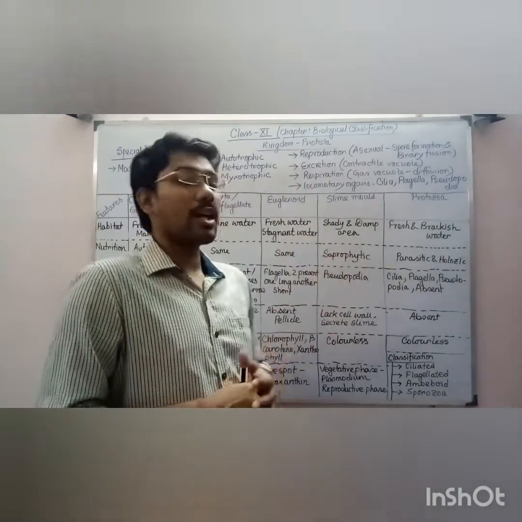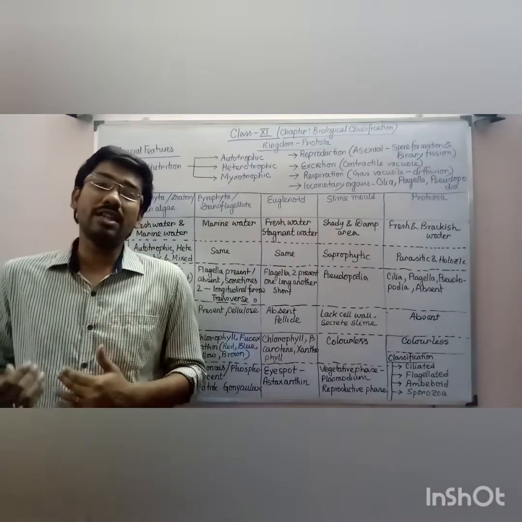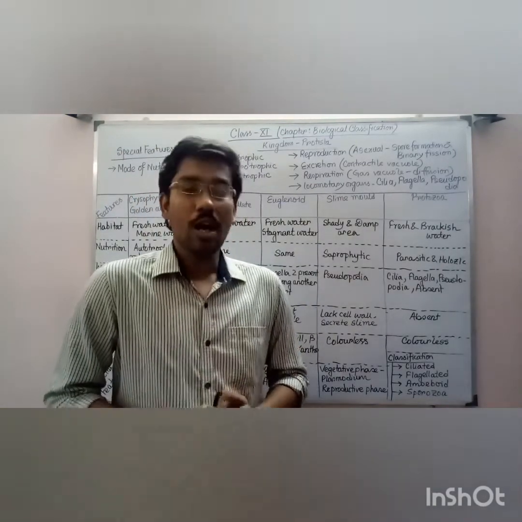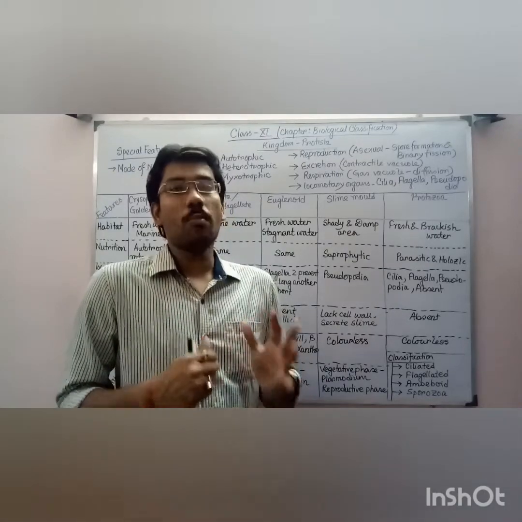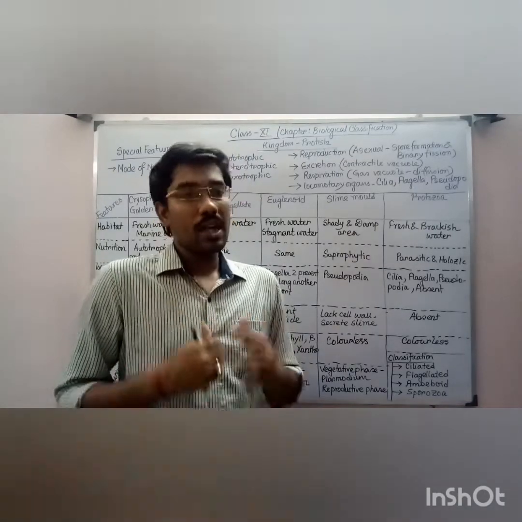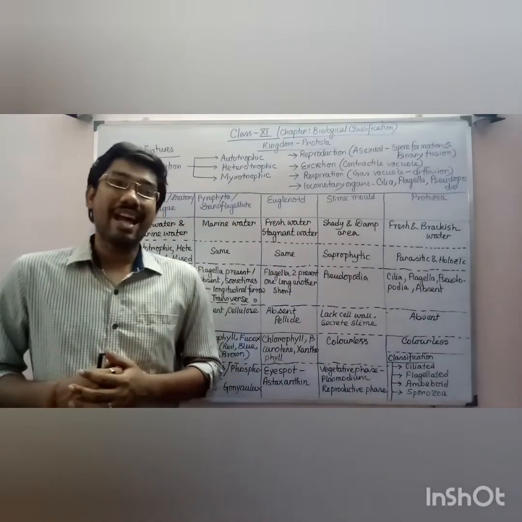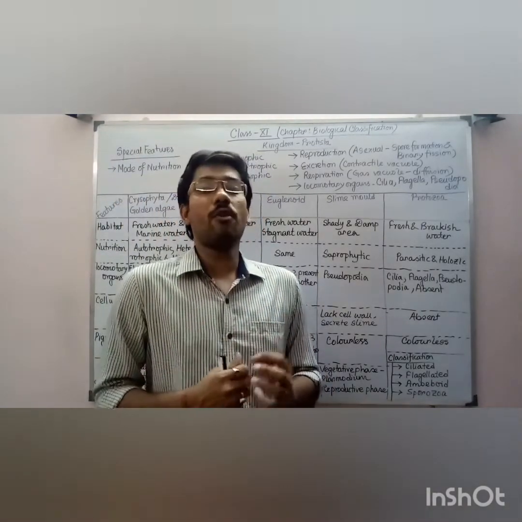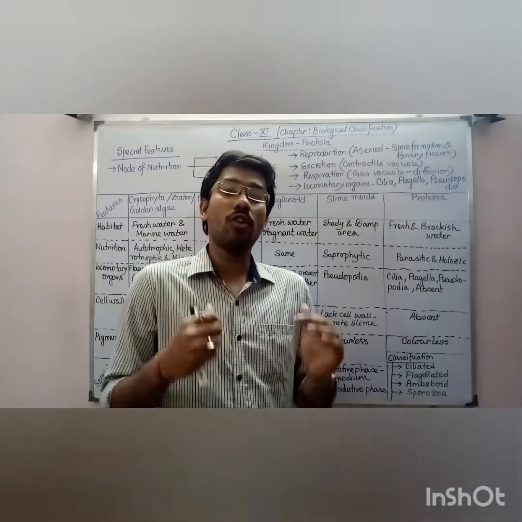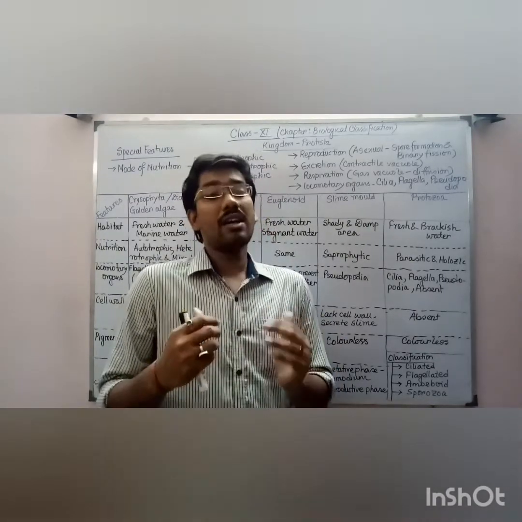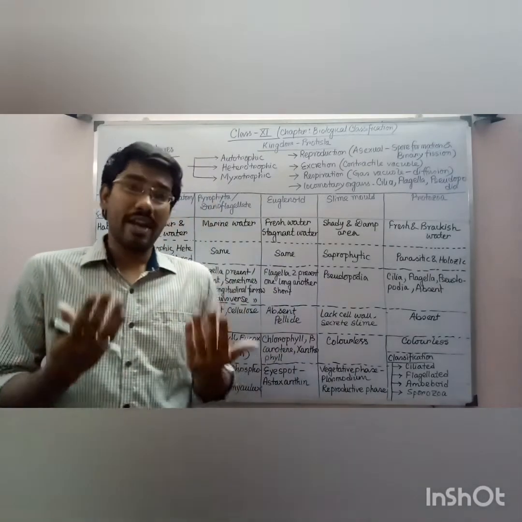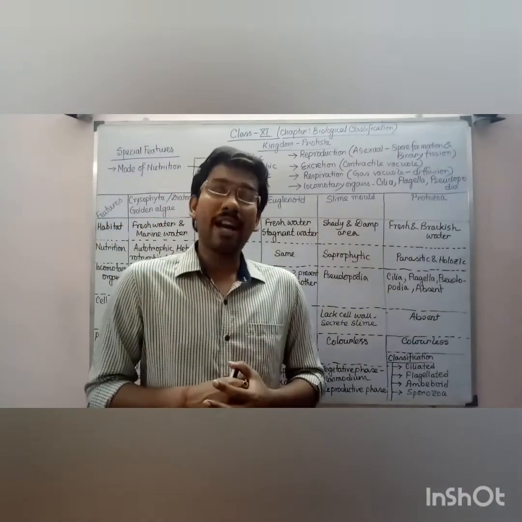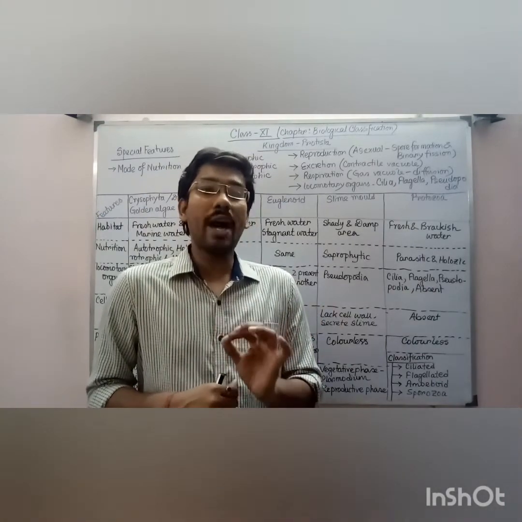Coming to the next point, that is excretion. Protista organisms have a specific type of excretory structure, commonly known as the contractile vacuole. This structure can be found in amoeba and also in paramecium. This vacuole-like structure is responsible for storing the excretory materials, and they have a specific excretory material releasing organ, commonly known as the cytopyge.